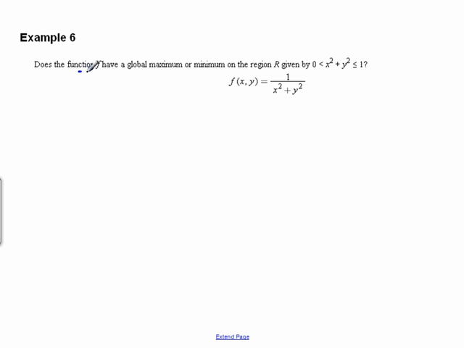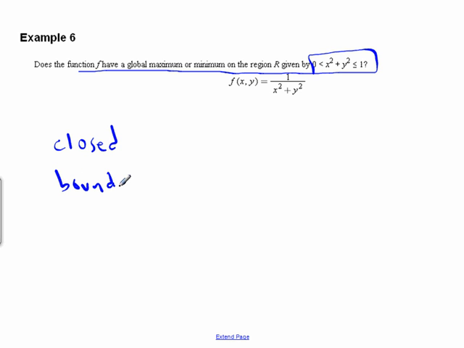So for example, does the function f have a global maximum or minimum on the region defined by this? Well, let's see, you've got closed and bounded.